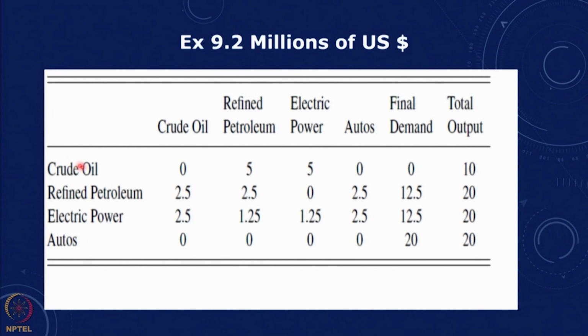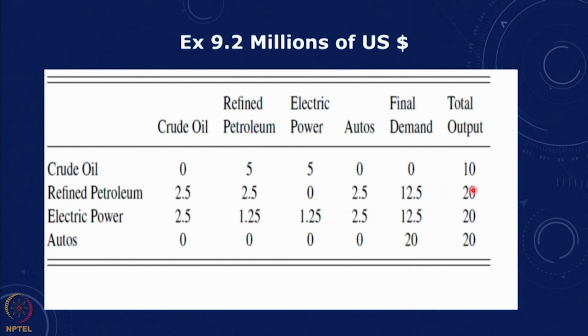So, you have crude oil, refined petroleum, electric power, and the crude oil is going for the refined petroleum sector, then some of it goes to the electric power sector. There is no final demand for the crude oil. If you add it up, that comes to $10 million US. Refined petroleum, some of it is being used in the crude oil sector, and some of it of course is going into this, and so on.